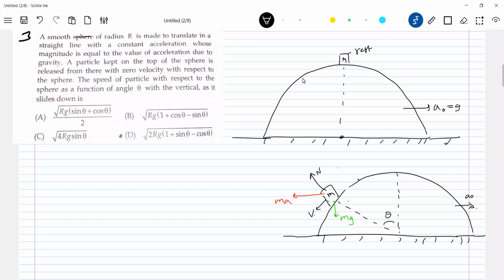So this will be the speed of the block with respect to this sphere or hemisphere. Let it be v. So now we have to calculate this particular v. It has undergone displacement, so this is r. This distance will be r sine theta, and this distance is r cos theta. So it has descended a height h.